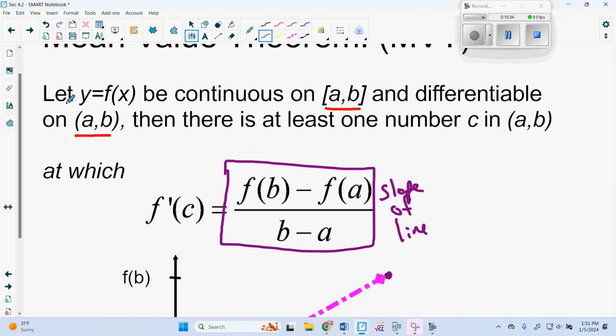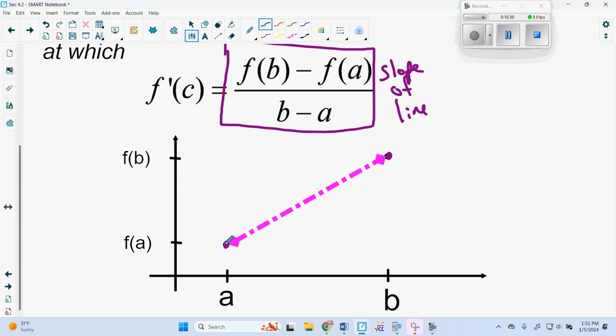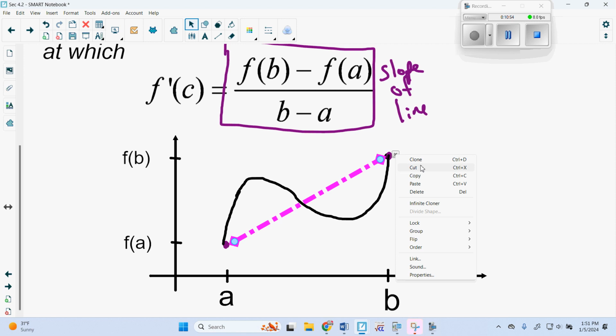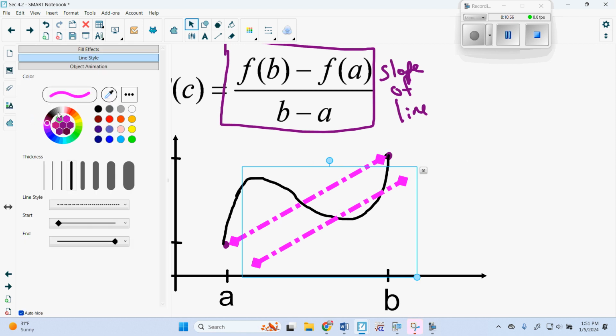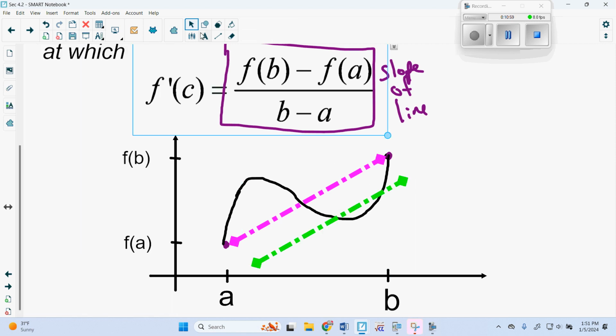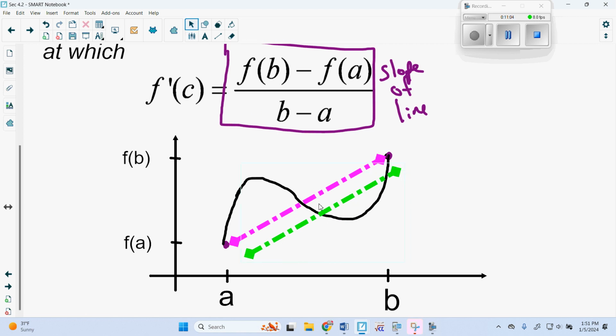Now what this is telling us is if we have some function that can do anything, this function may come up here, and it may come down here, and it may come up there. What this is telling us is there is some value c such that the derivative at c is equal to the slope between those two points.